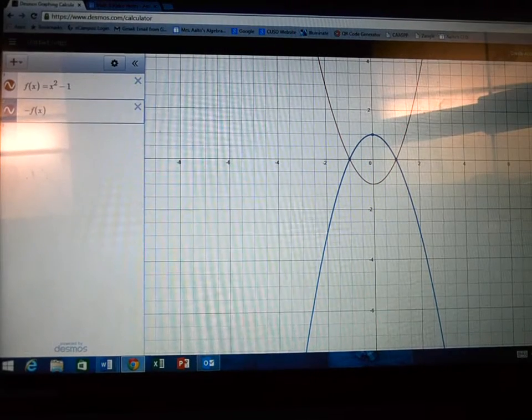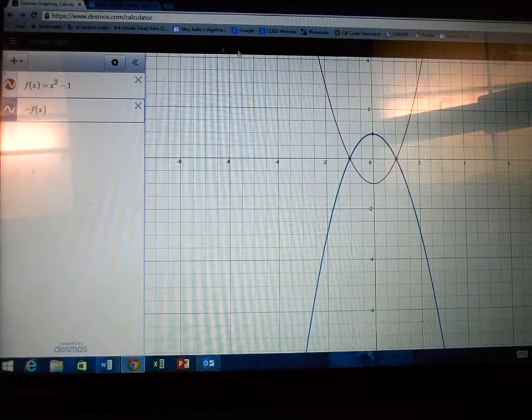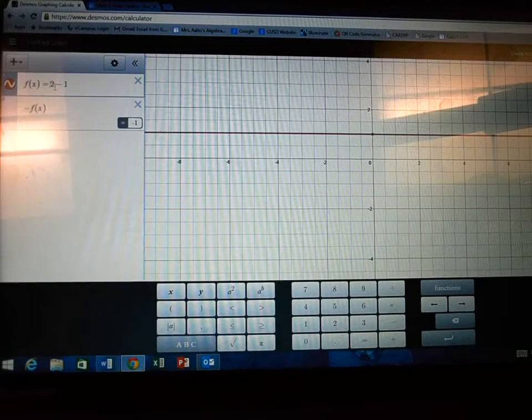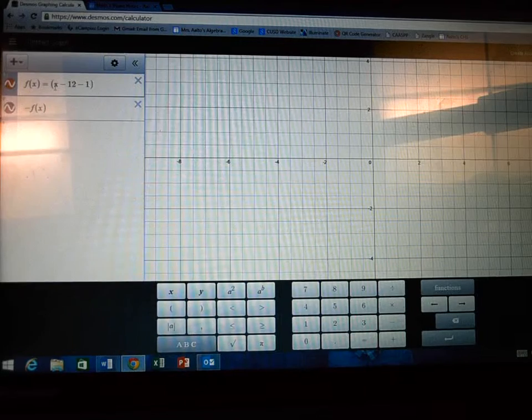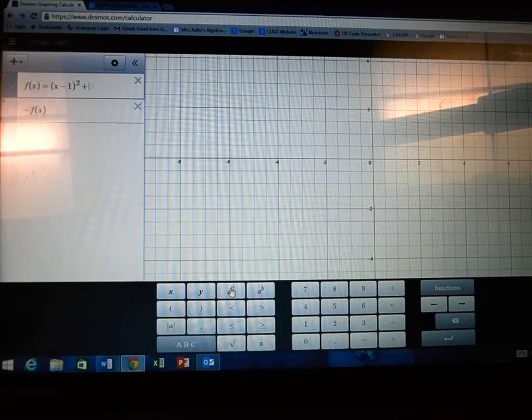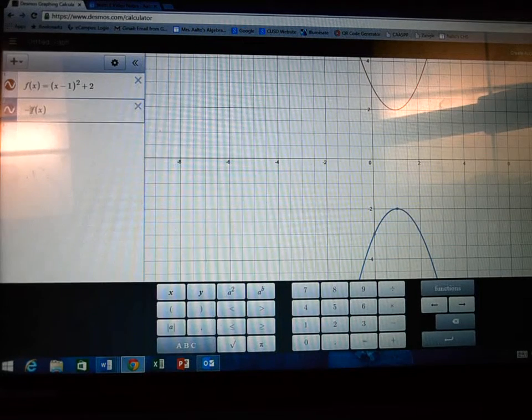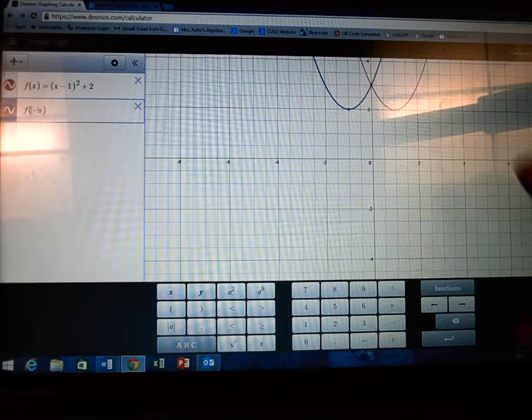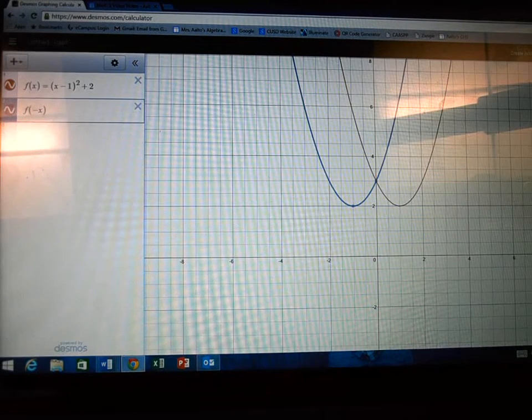And so my original equation here is x minus 1, so there's my original, and then we're going to put the negative inside, and again you can see that's exactly what happened, how it shifted. Okay? Alright. Okay.